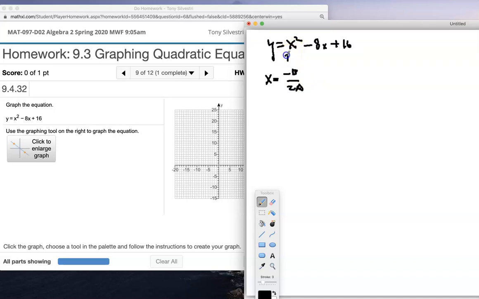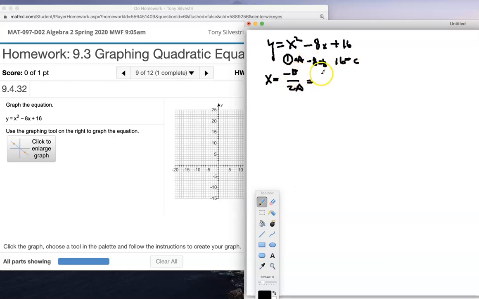A is 1, that's A. B is negative 8, that's B. And C is 16. Well, we don't even care about C. It's not even mentioned in there. So all we care about is putting negative 8 as B.